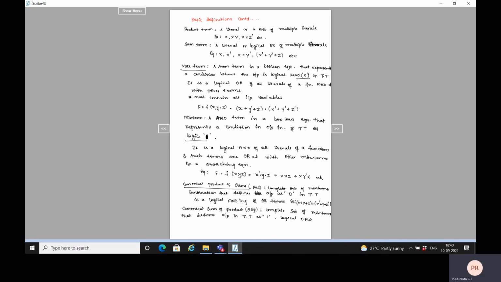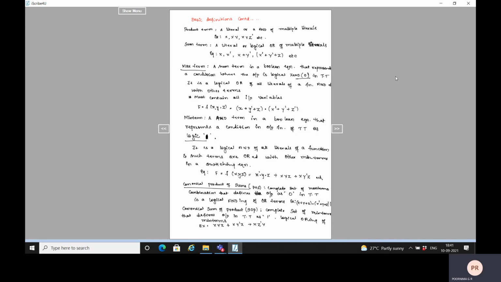Logical ORing of min terms will represent the canonical SOP. An example here is x, y, z ORed with x, y bar, z ORed with x, z bar, y.